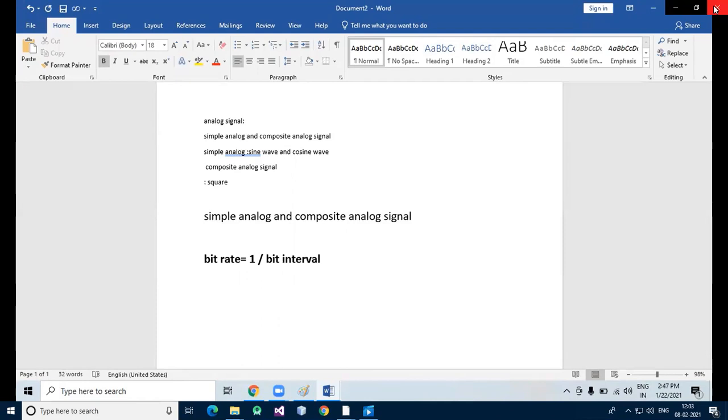Bit interval is the time corresponding to one signal element, 0 or 1. So the time corresponding to 0 or 1 is the bit interval, or the bit length.